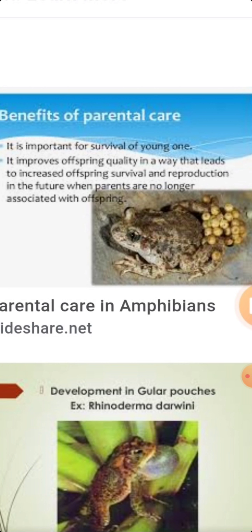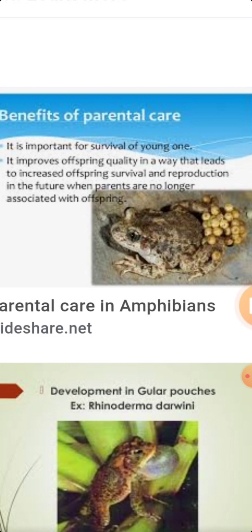In Hylobates, the female carries the eggs in the buccal cavity till they hatch. In Notodelphys, the marsupial toad, the eggs are deposited in a pouch on the back with one opening at the posterior end.